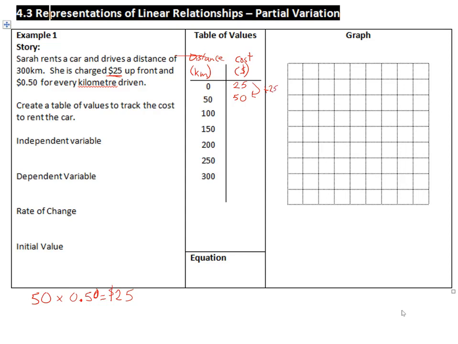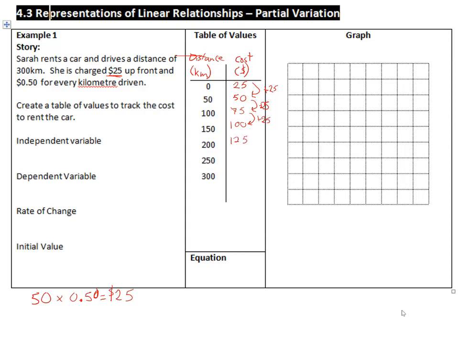I'm going to erase that later, but I'm just doing it to illustrate. And then we drove another 50 kilometers, which means we add another 25, and we get to 75. So add plus 25, not 5. And again, drove another 50 kilometers. That means another $25 on that. You should see a pattern.